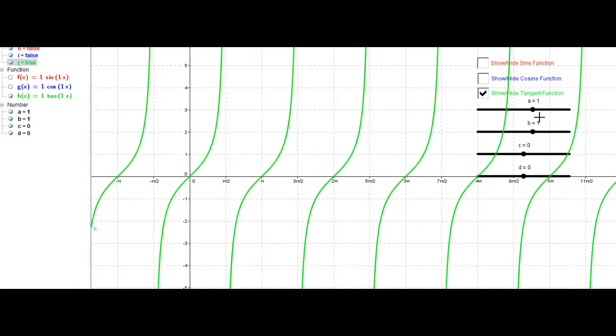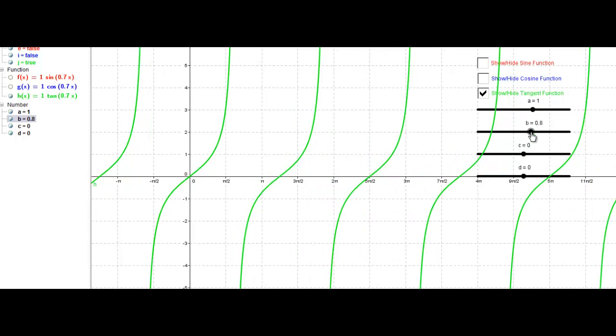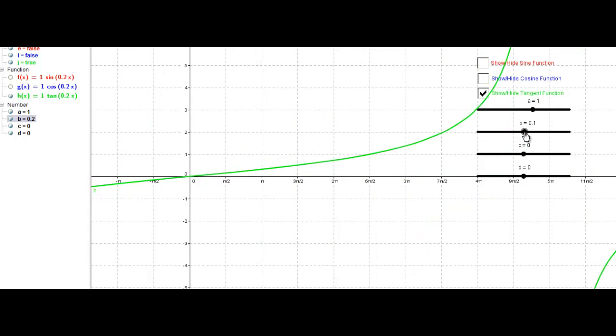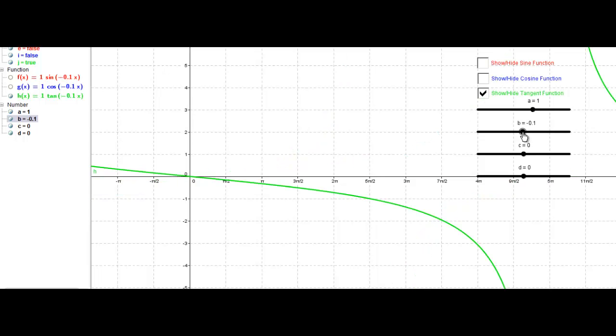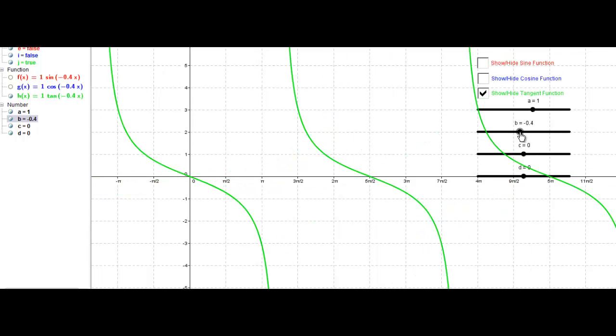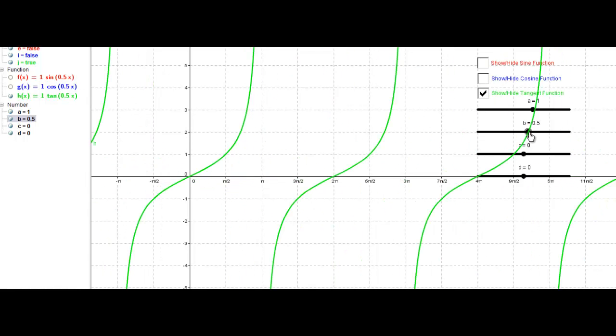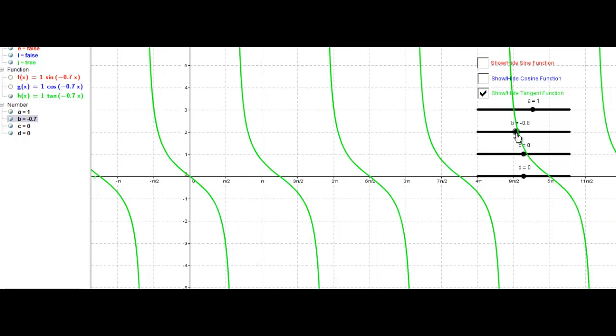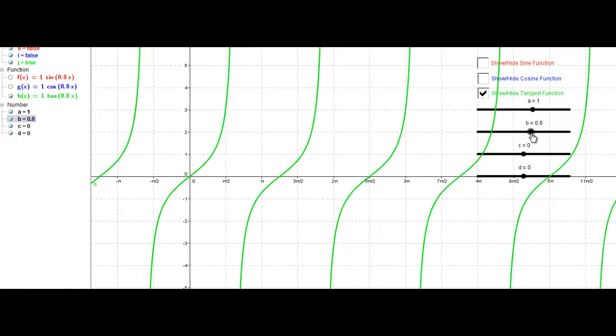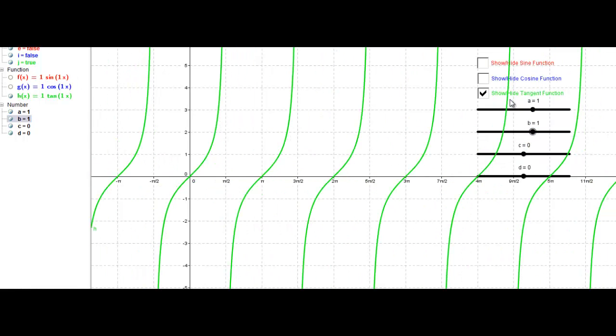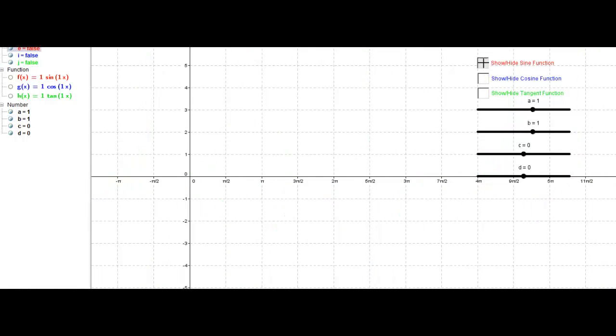Let's use the tangent just so that you see what happens when b is negative. You can see it more clearly. When it's negative, you see how that flipped across the y-axis. There you go. It flips across the y-axis. Let's go back to sine.